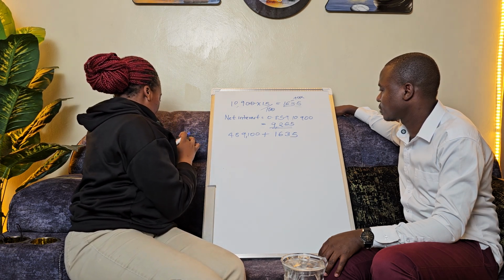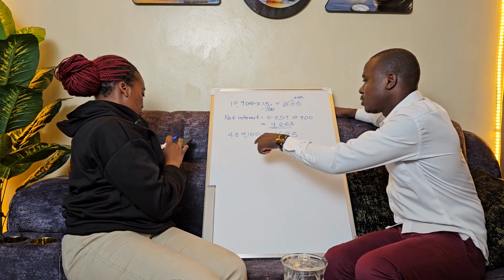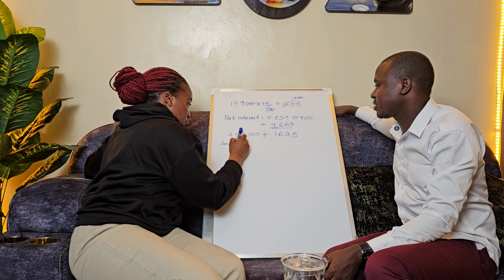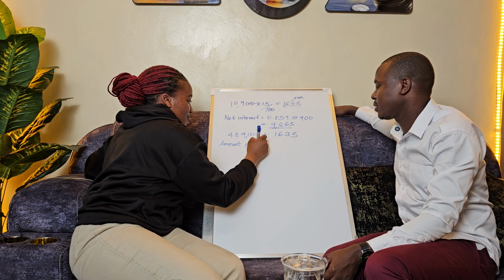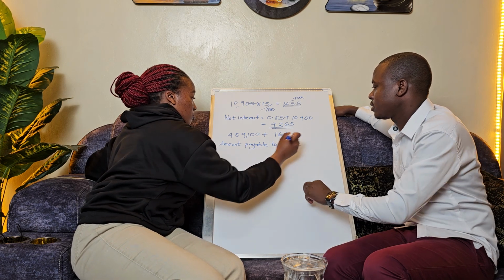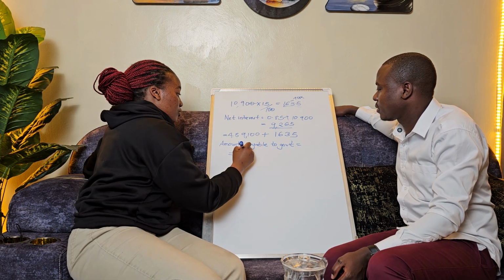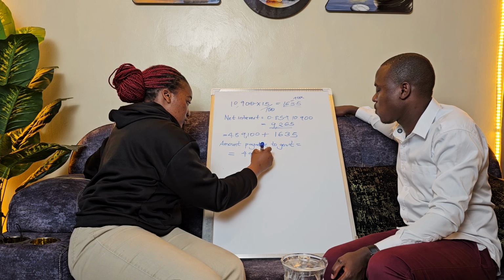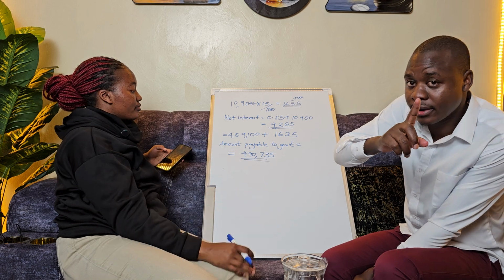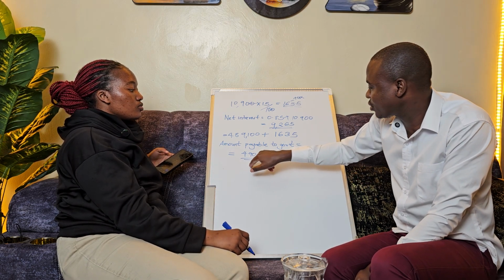Right here, amount payable to government would be equal to, so yes, add those ones, we are getting 490,735. So guys, based on the interest rate that we provided, this is the actual amount that government will ask you to pay.